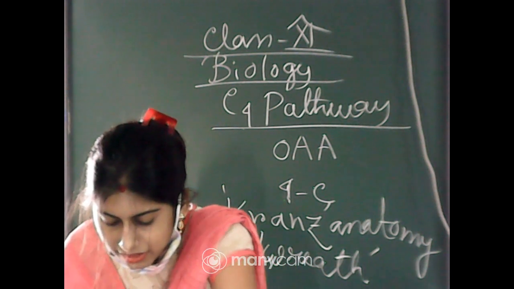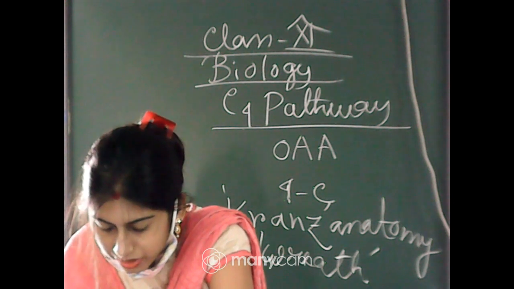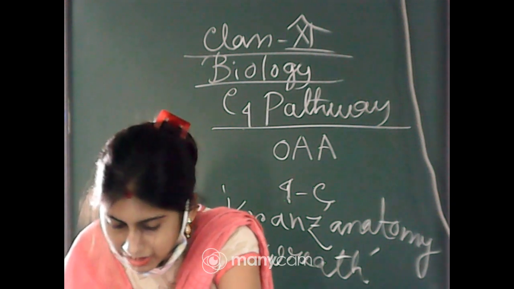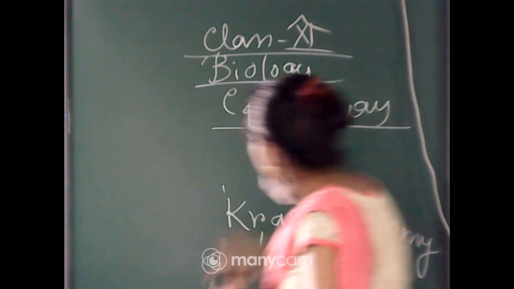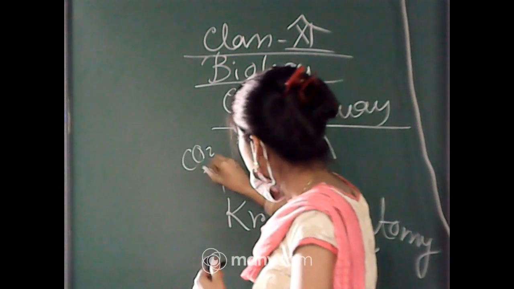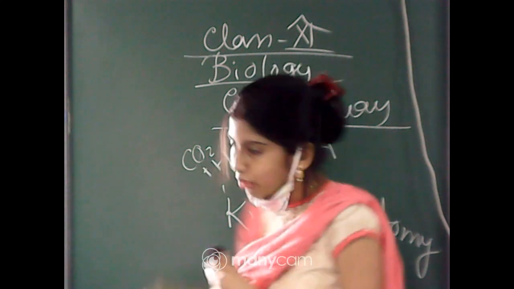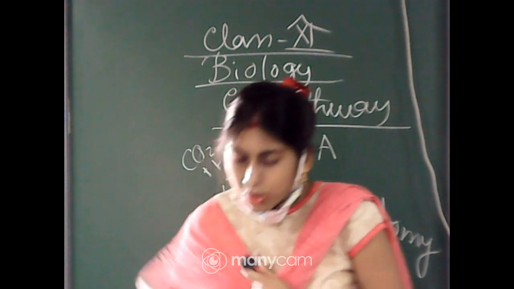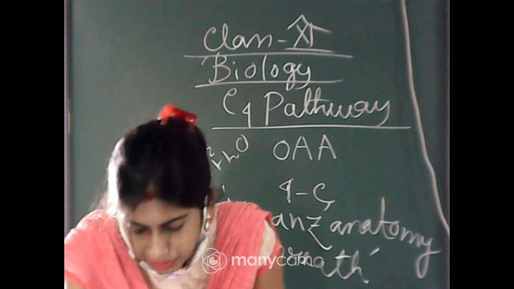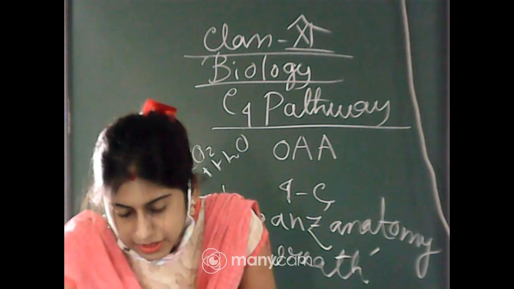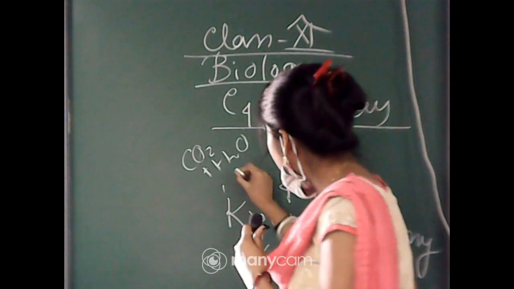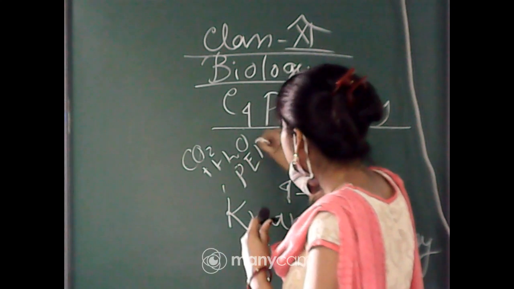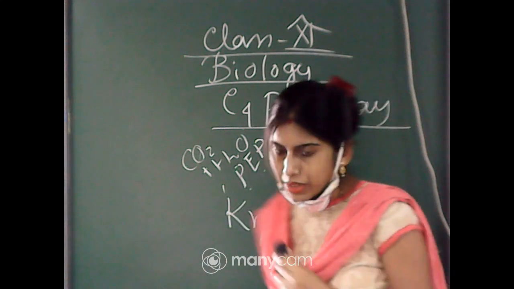There you can find that atmospheric carbon dioxide first reacts with H2O and forms H2CO3. Then it dissociates, and this is accepted by phosphoenol pyruvate, or in short PEP.